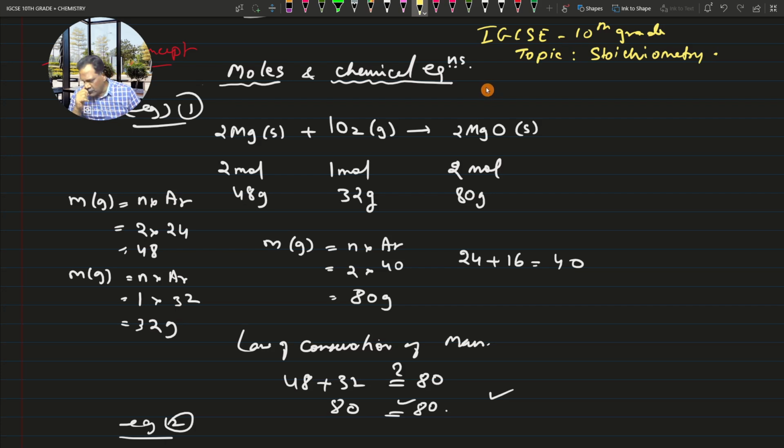So far what you did was you tried to convert a number of moles into grams, or from the grams of a chemical you tried to convert it into moles. Then you tried to relate the number of moles with the volume of a gas, and you tried to connect the number of moles, the concentration, and the volume of a liquid.